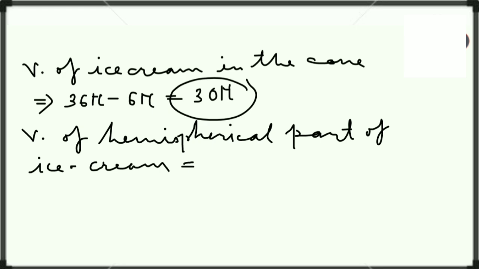We have the formula for finding the volume of a hemisphere, that is 2 by 3 pi r cube. 2 by 3 as it is into pi, r, that is radius, equal to we have 3.